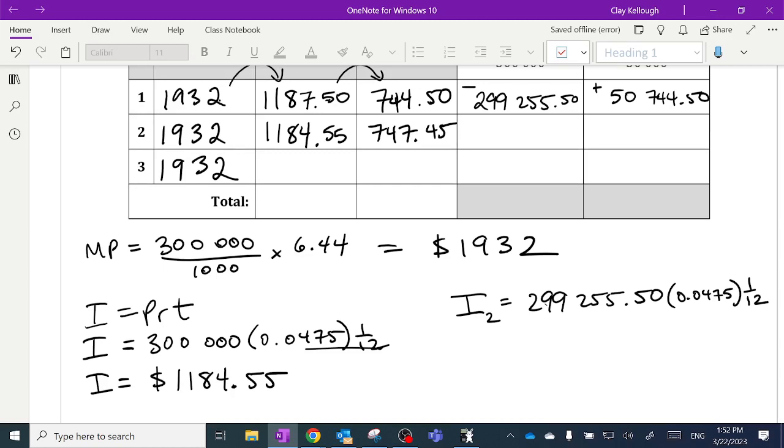And then I minus this number from this number, and get 298,508.05. And then I take this principal and I add it to my new equity. And now I'm over the 51,000 mark, 51,491.95.